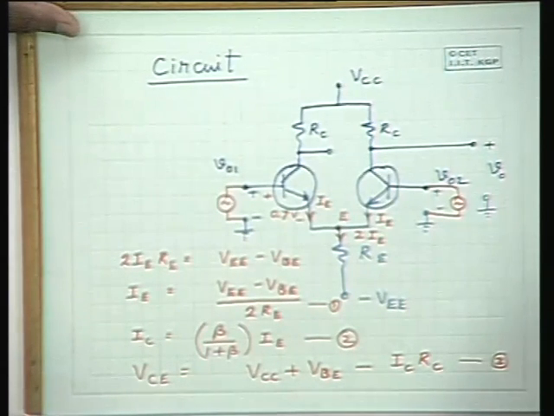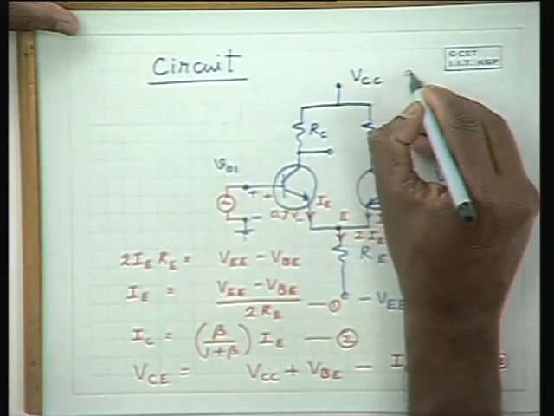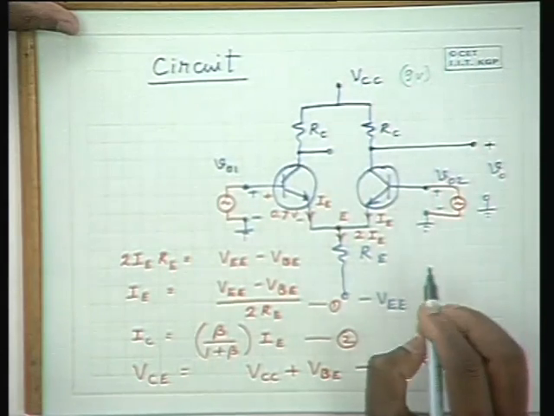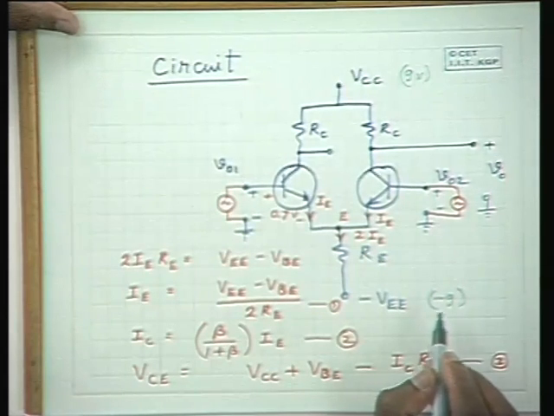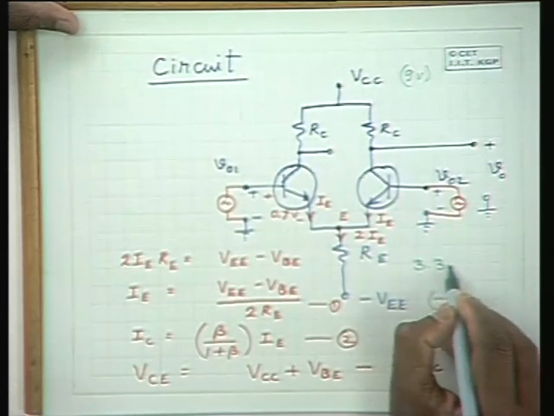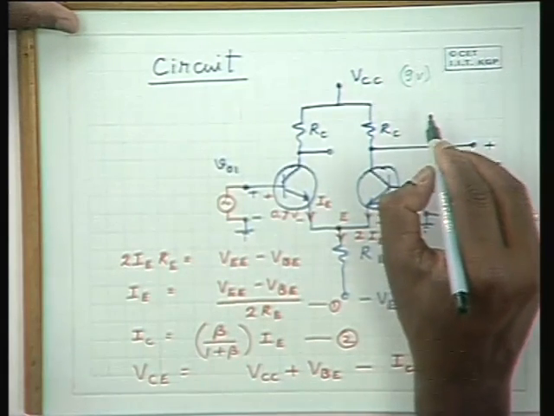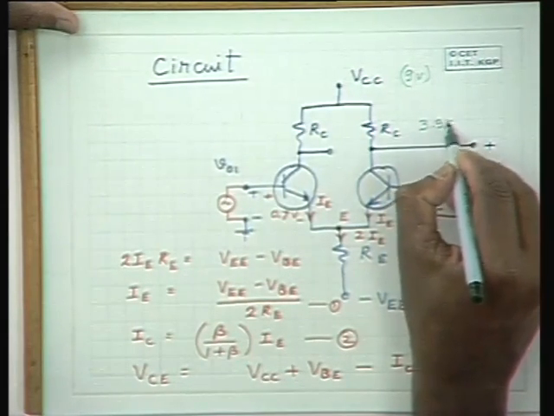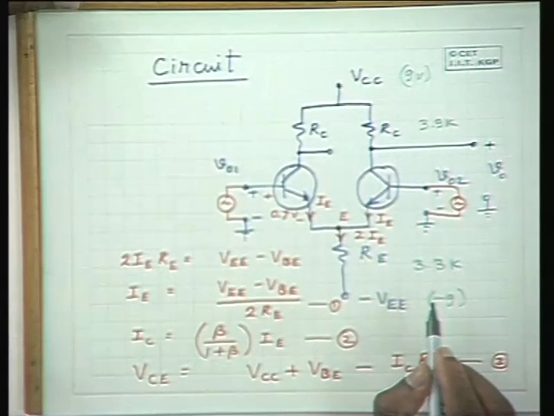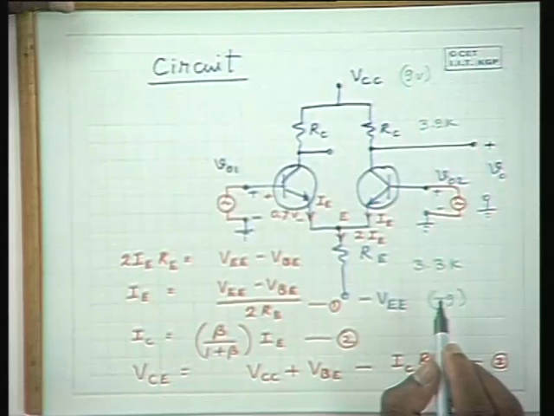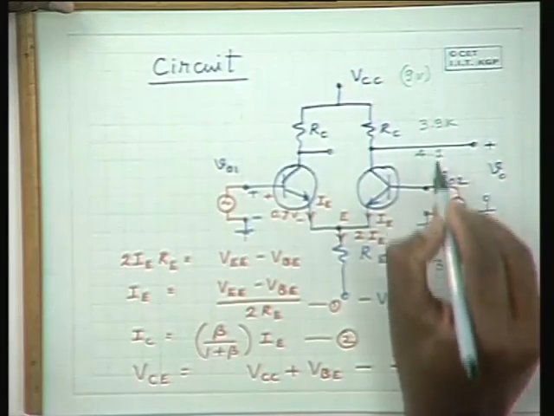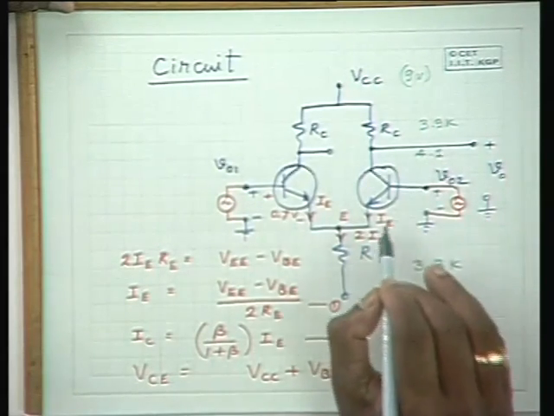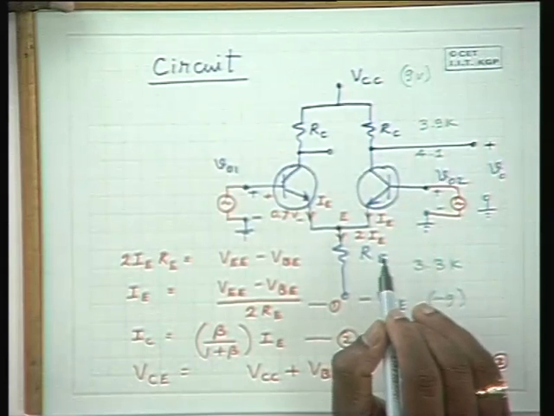As an example, if you use a 9 volts supply here and then a minus 9 volts supply here, and a 3.3 K RE and 3.9 K RC, you can determine the collector point potential as 4.1 volts and VCE as 4.1 plus 0.7, 4.7 volts.